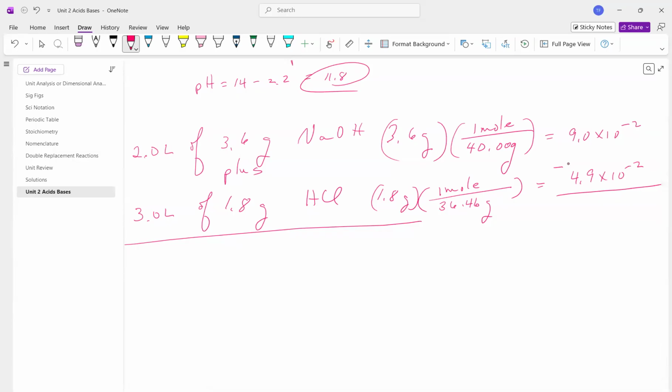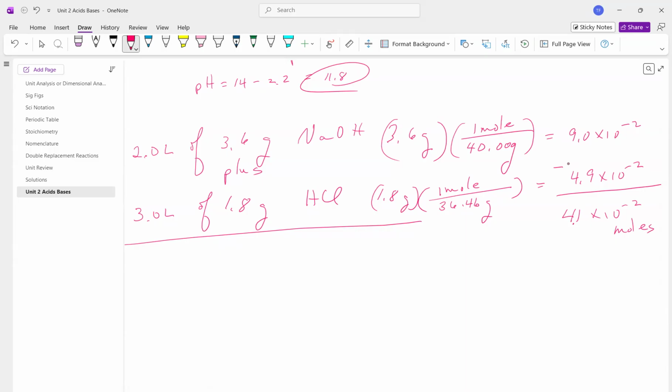Okay, first calculator. Okay, so first step is convert to moles. Then find out which one is in excess.